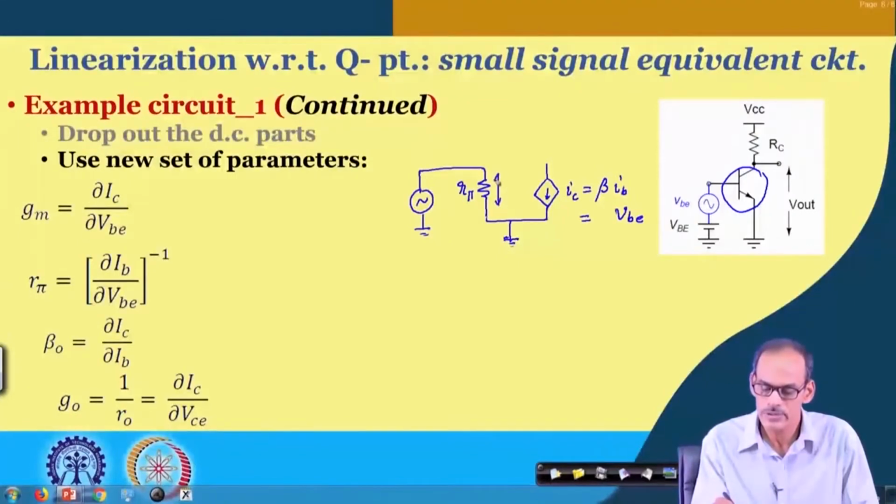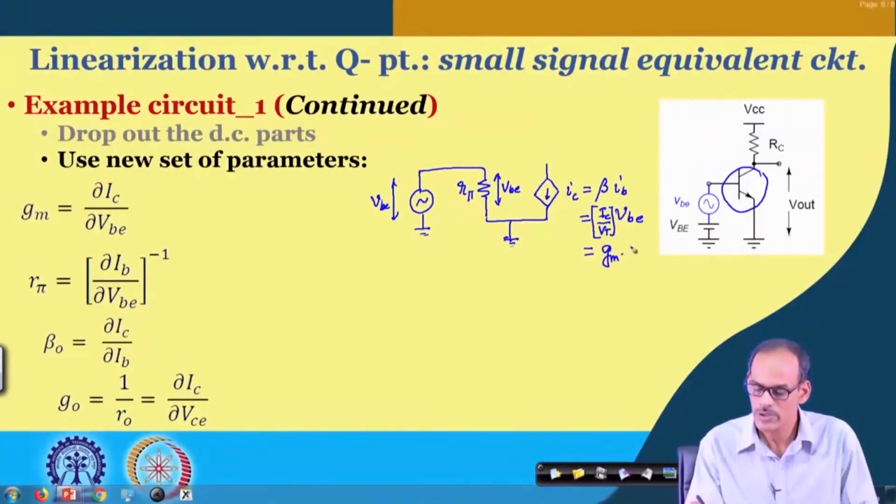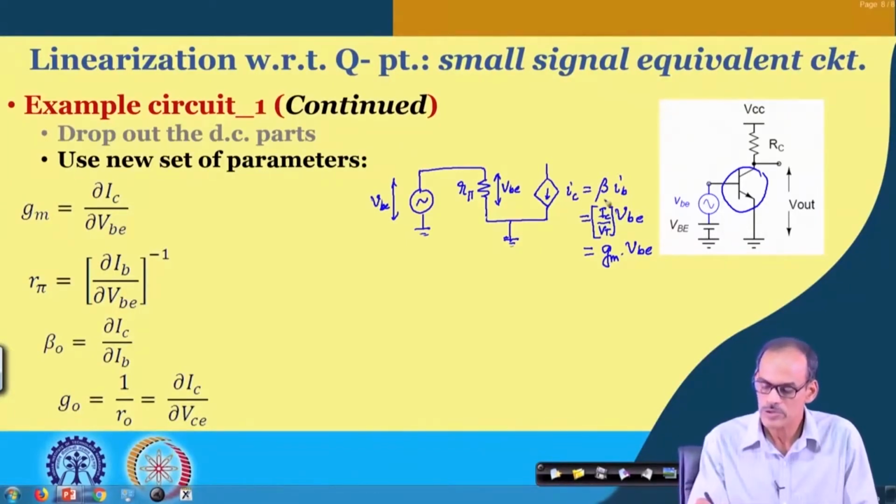We call this V B E, and incidentally, since there is no resistance here, this is also V B E. And then I C can be written in terms of V B E, and we have seen that it has a factor, capital I C by V T, which is referred to as the transconductance parameter called G M, into V B E. Of course, we'll come back to this point.